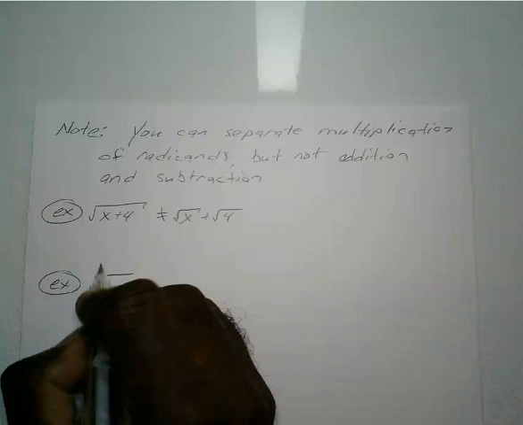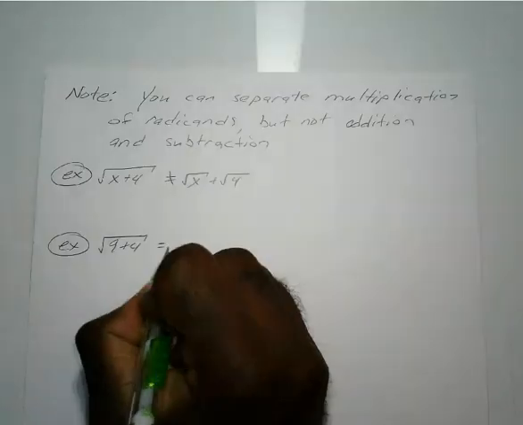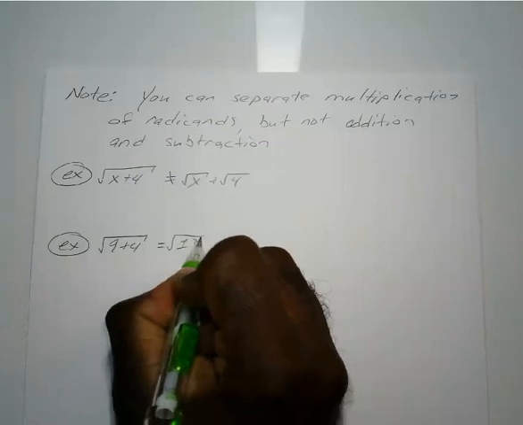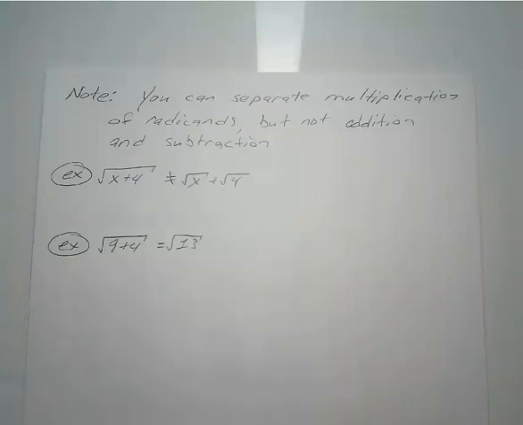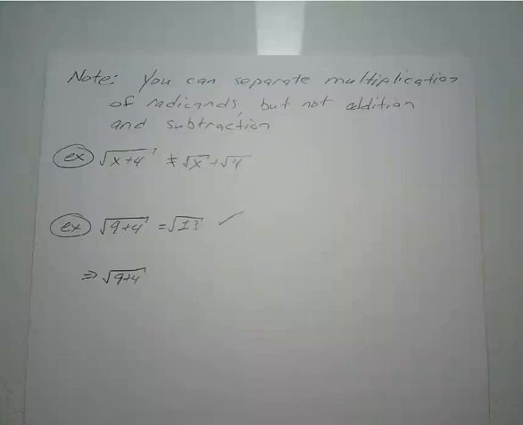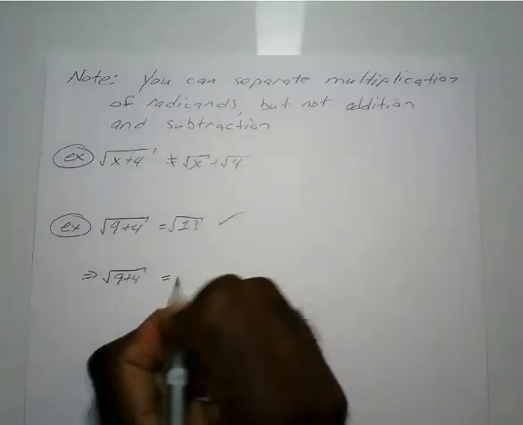But let's say you try to separate them, which we know you can't do: the square root of 9 plus the square root of 4. The square root of 9 is 3, the square root of 4 is 2, which would be 5.